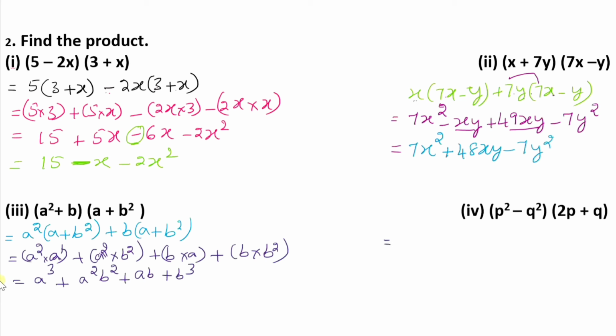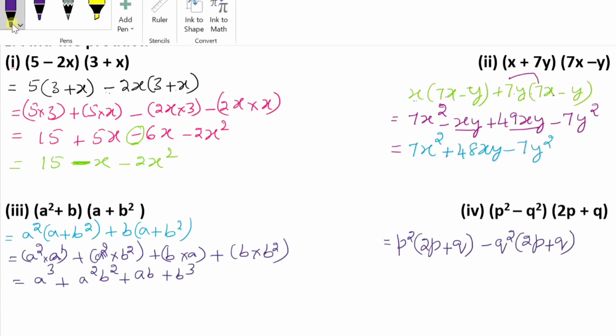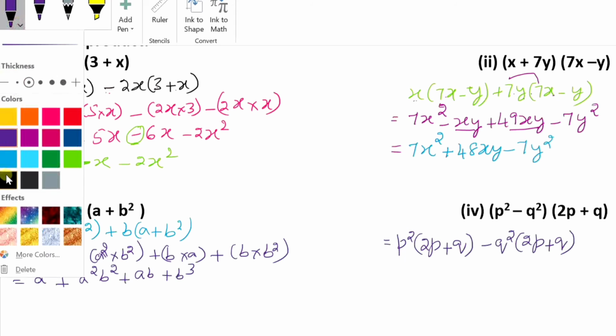And this sum, p square minus q into 2p plus q. Again this is the product of a monomial and a binomial.